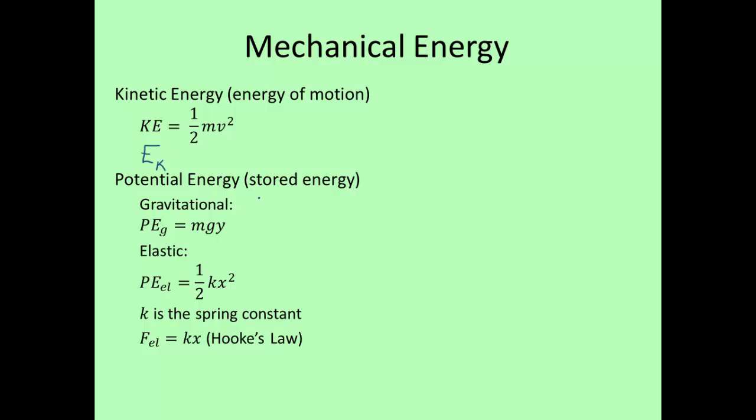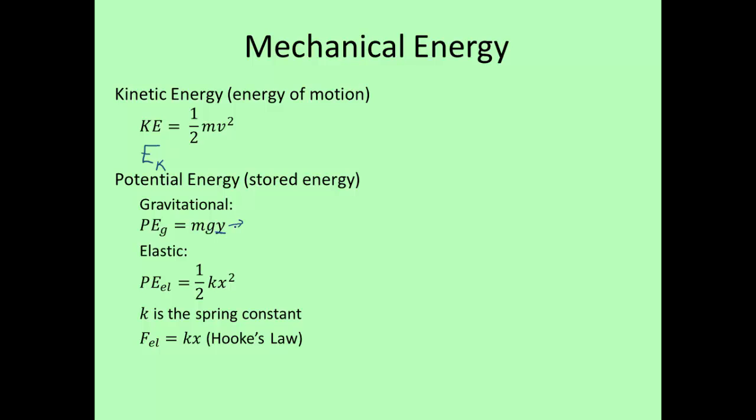The potential energy, or our stored energy, if we look at gravitational potential energy, we have PE sub g. Notice that you have to have the g there to clarify that it's gravitational and not elastic, which is the EL. Gravitational potential energy, because of being due to the position of the object in the gravitational field, we have to talk about the object's weight. So mg being the weight, and then times h, or y in this case, because it's a vertical height.